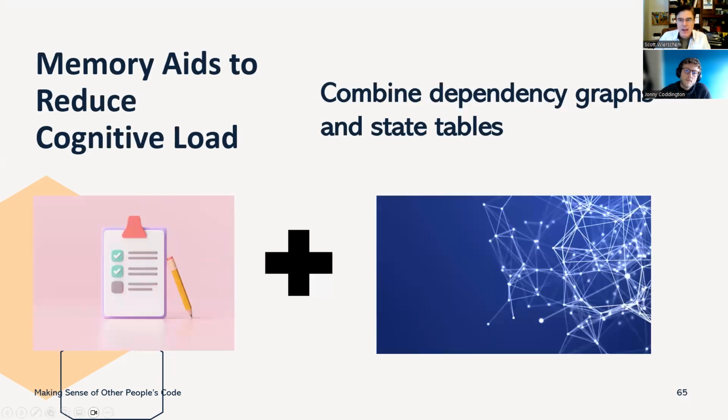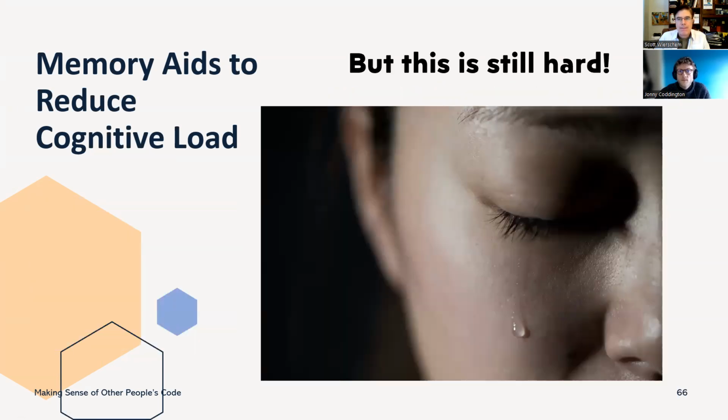Of course, you can always combine both of these approaches: print out the code and draw a state table on the same sheet as you work through it. There are no silver bullets, but as you practice, this gets easier, and these techniques can make the whole process a lot easier.